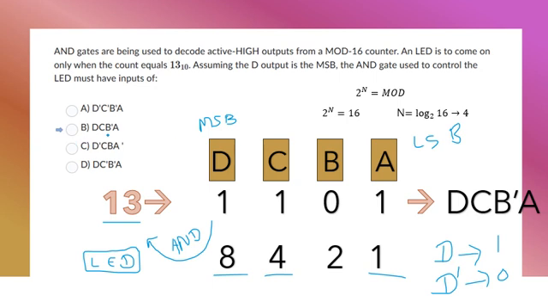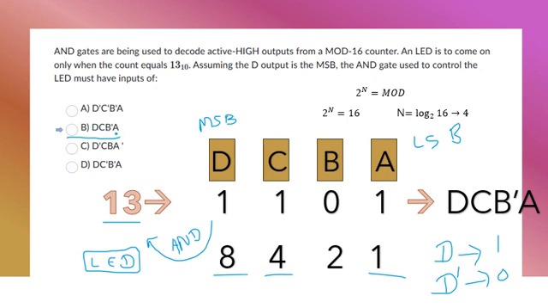So the answer is D, and then C, and then not B, and then A. When you look at it, you know that it is displaying 13, because 8 is on, 4 is on, 2 is off, and 1 is on.